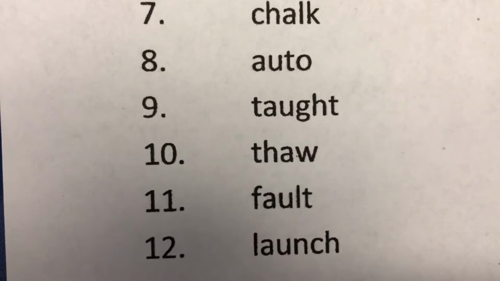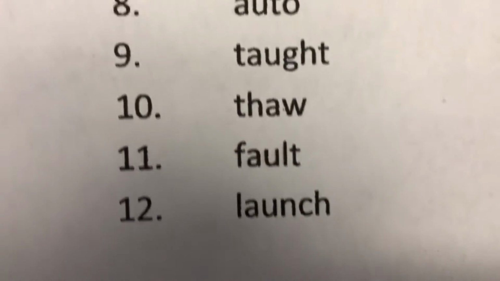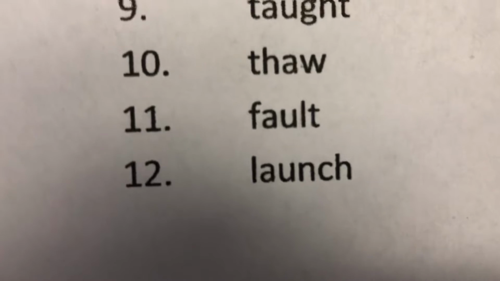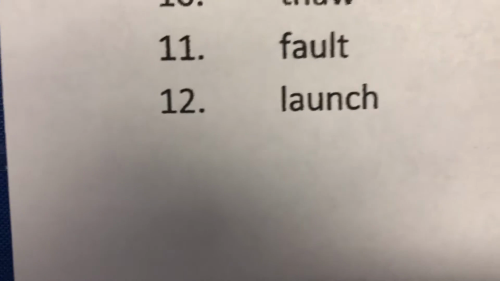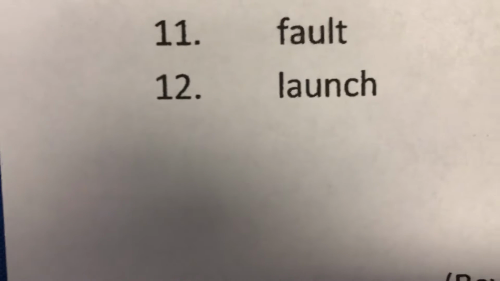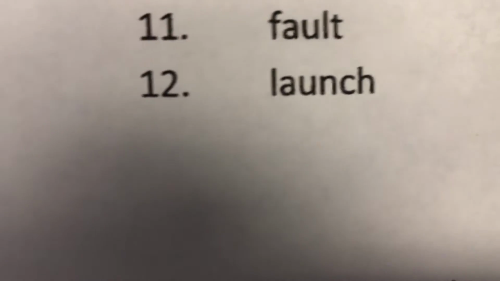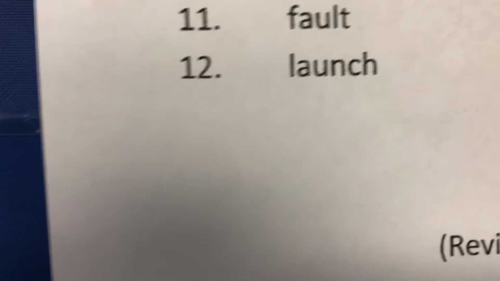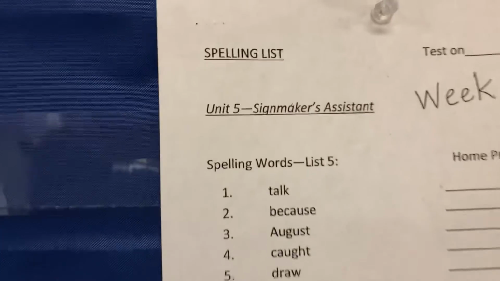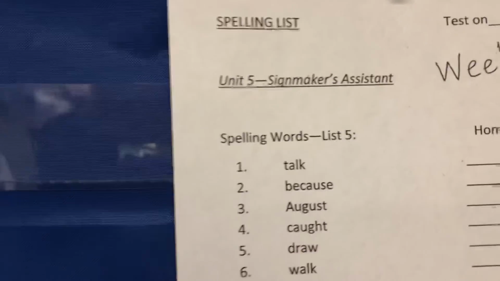Auto, ought, thaw, fault, and launch, like a rocket will launch from its place and fly into space. So those are our spelling words. So again, we're on spelling words list 5 for the sign maker's assistant.